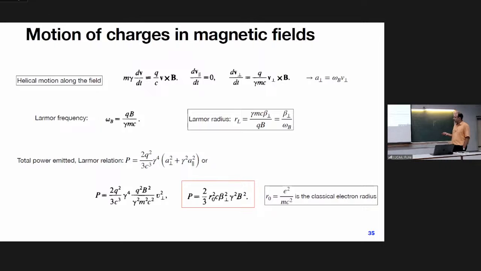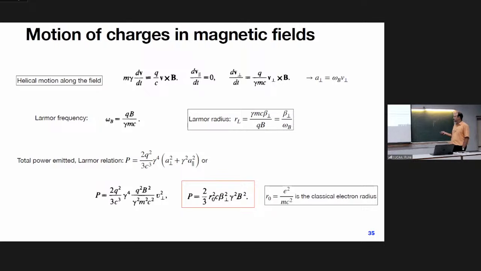The power emitted by a relativistic electron gyrating along a magnetic field depends on the square of the Lorentz factor. It also depends on the square of the magnetic field. So the higher the energy of the electron, the more radiation it gives. The stronger the magnetic field around which the electron is moving, the more radiation it gives. The rest of the things are almost constant.